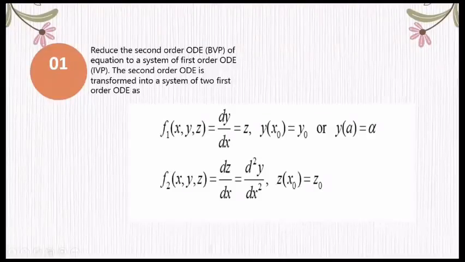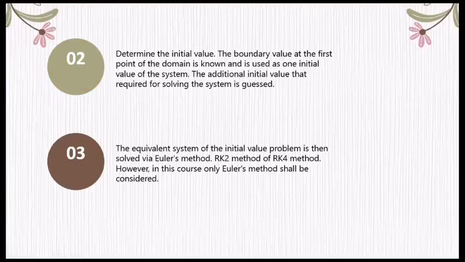Step 1 is to reduce the second order ODE or BVP to a system of first order ODEs or IVP. Step 2 is to determine the initial value. The boundary value at the first point of the domain is known and is used as one initial value of the system. The additional initial value required for solving the system is guessed.